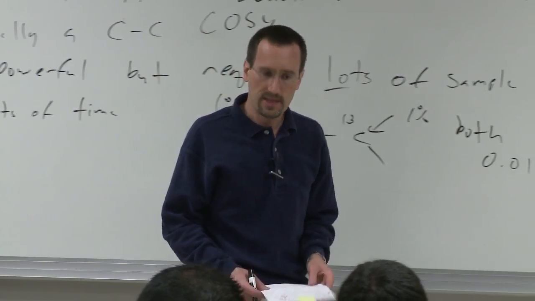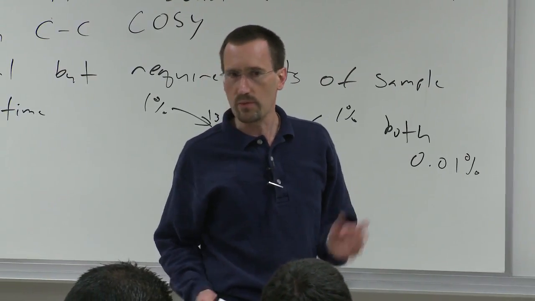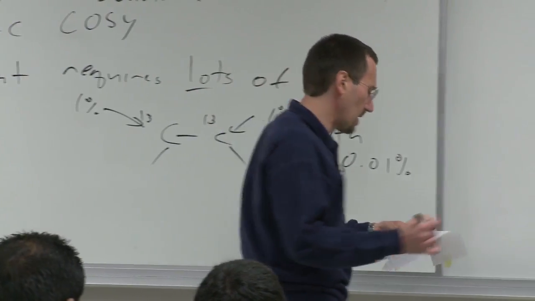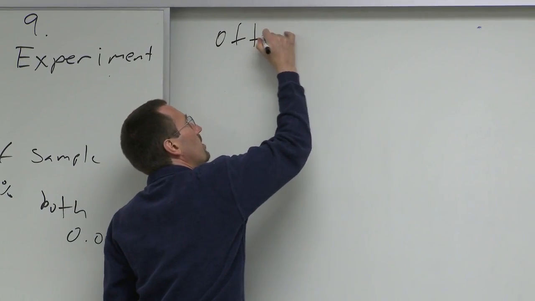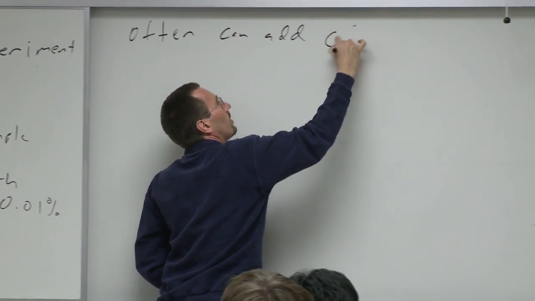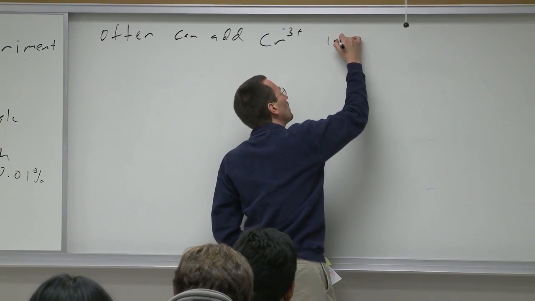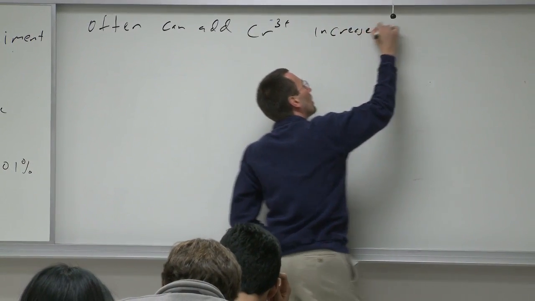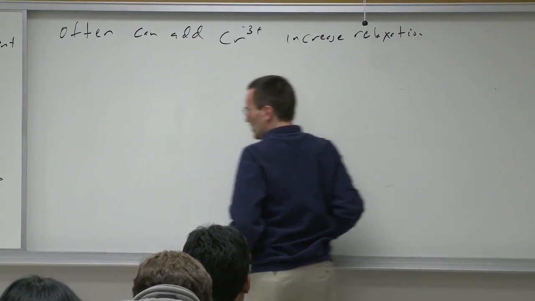Now, there are tricks that get played, and they're not fun if you've got a compound that you really want to get back. One of the tricks is that you often can add chromium 3 to increase relaxation. Remember how the quaternary carbons are always small.